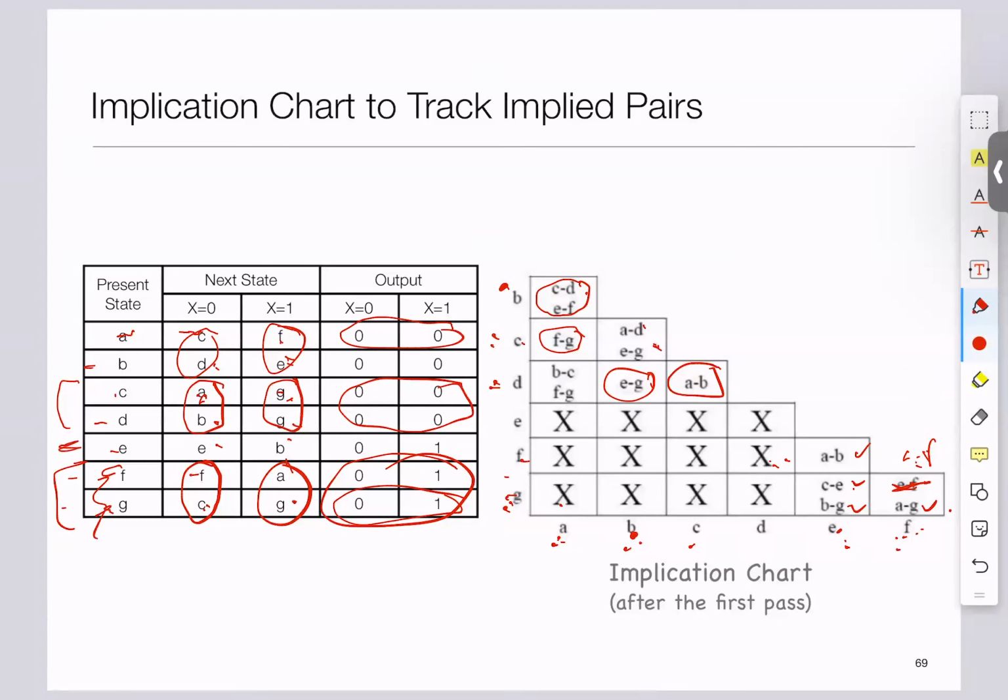If you look at this diagram, E and G. You can't say that, right? Because all that would mean is B is the same as E and C is the same as G, but that doesn't mean E is the same as G.